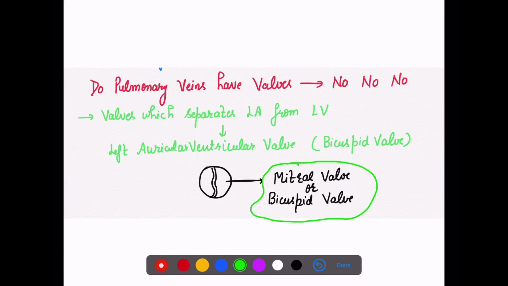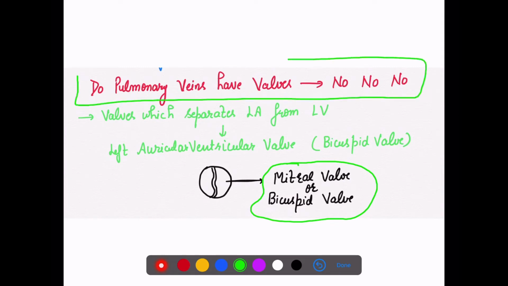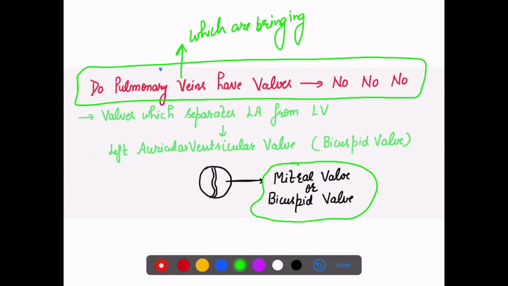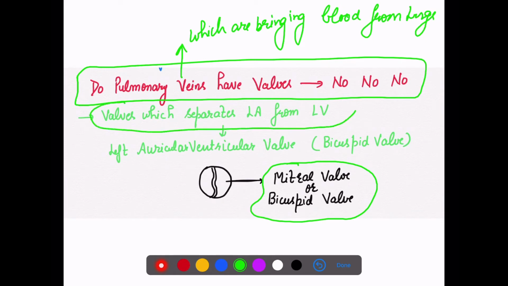Pulmonary veins have no valves. Always remember, pulmonary veins which are bringing blood from the lungs do not have any valve. The valve which separates the left side is known as the left auriculoventricular valve, and it is the bicuspid valve, also known as the mitral valve.